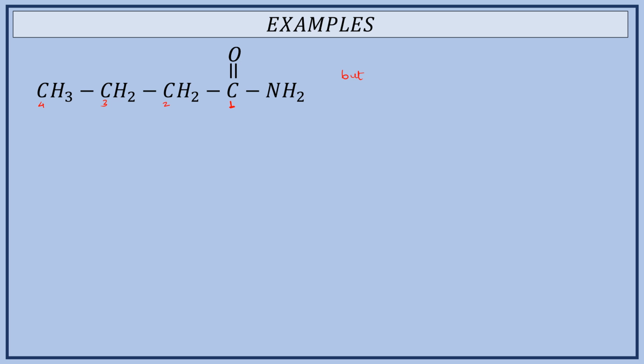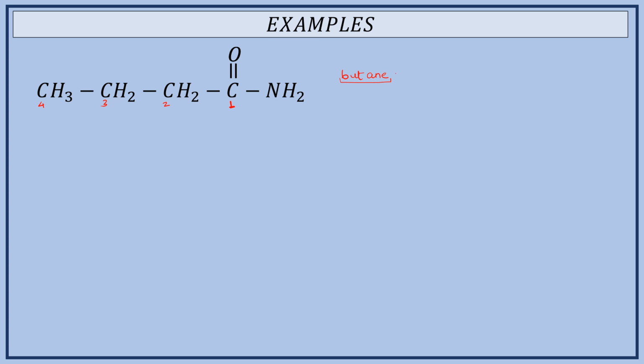Then we will see the bonding between each carbon atom, which is single bond. So we will use the suffix "ane" to represent single bond. So we get the name of the parent chain, parent alkane, as butane.